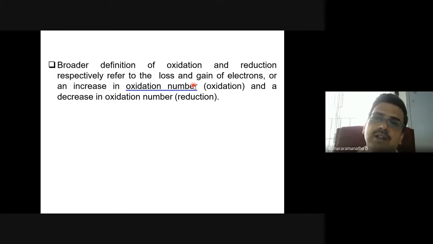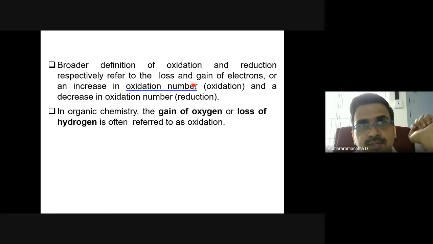Here you know that that is also called oxidation. Decrease in oxidation number is reduction, for example H+ to H2. In terms of organic chemistry, gain of oxygen or loss of hydrogen, you call it oxidation.